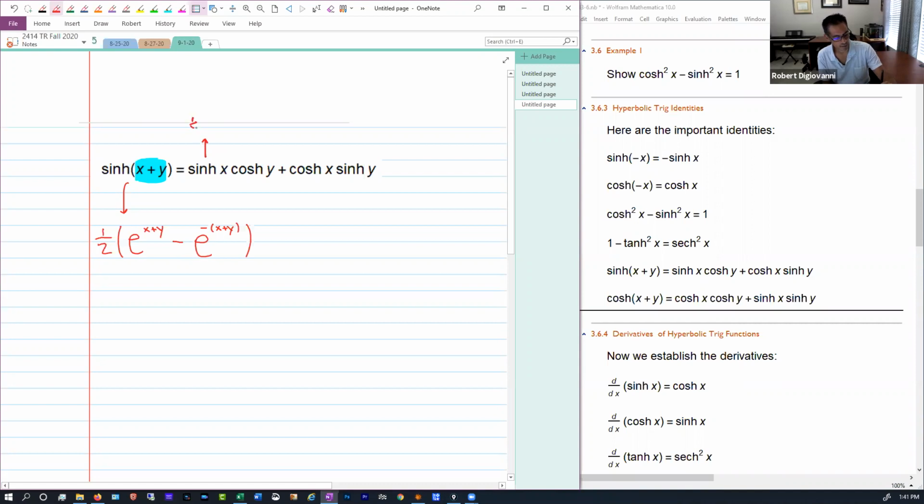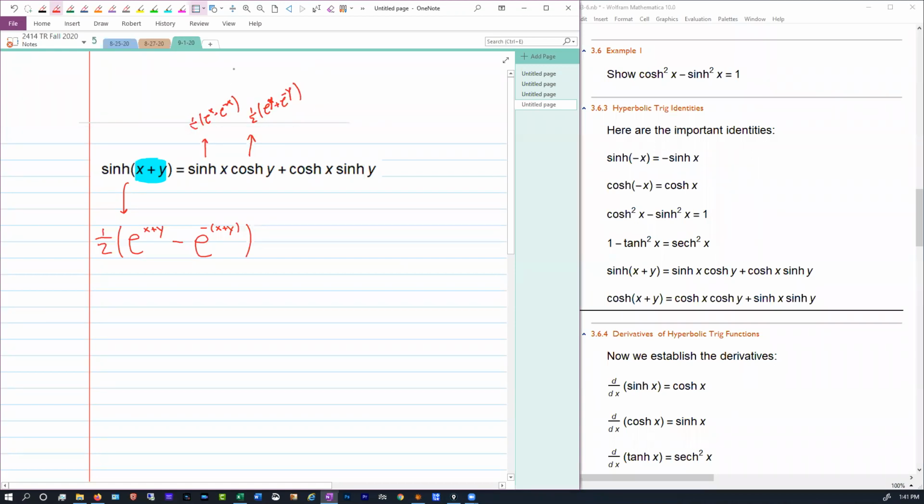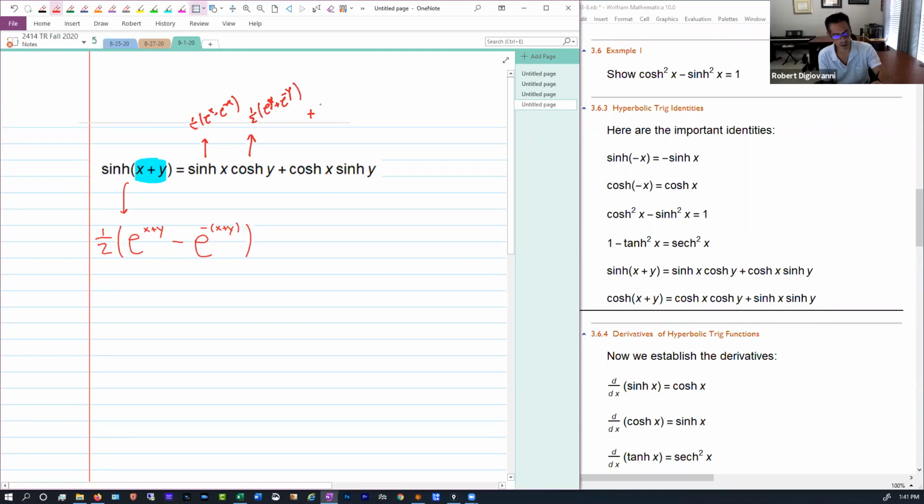This is 1/2 e to the x minus e to the negative x, times 1/2 e to the y plus e to the negative y. Do y'all see what I'm doing? I know this is sloppy. I'm just trying to show you how you would break each side down.